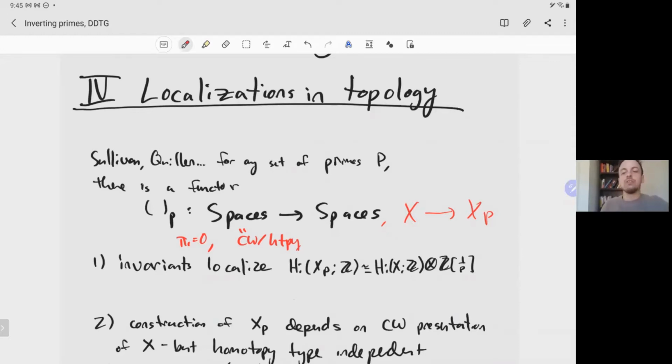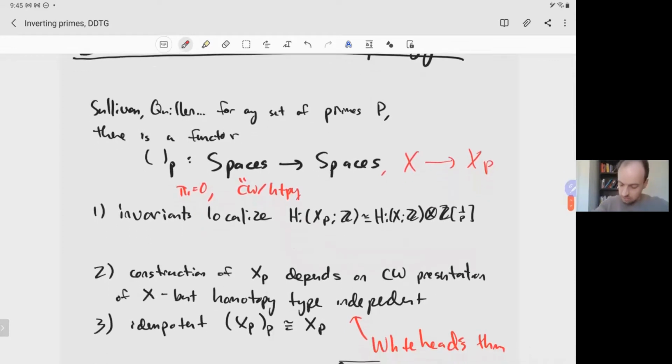And then you prove that, in fact, the result only depends on the homotopy type of X. So if you have two presentations for the same space, a priori you get different things, but then you prove that those things are homotopy equivalent. And for that, you need Whitehead's theorem. So that's an important ingredient, an ingredient that we don't have in symplectic topology.